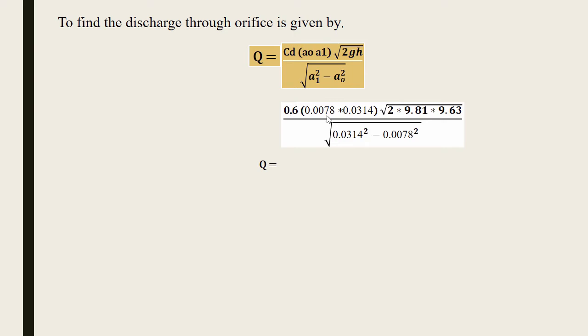A naught is 0.0078, A1 is 0.0314, into root of 2 into G is 9.81 into 9.63, that we have just now calculated as the differential head, divided by root of A1 square minus A naught square. If you substitute, the value is going to be 0.068 meter cube per second. So this is how you calculate the value of discharge through the pipe using the orifice meter.